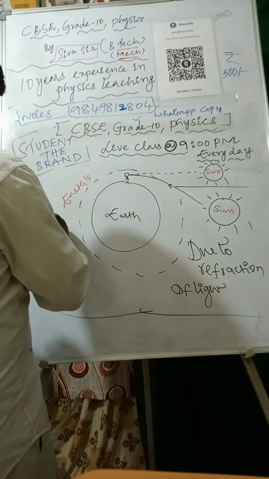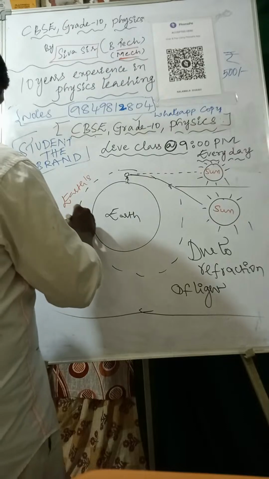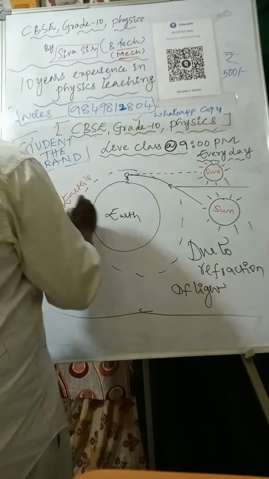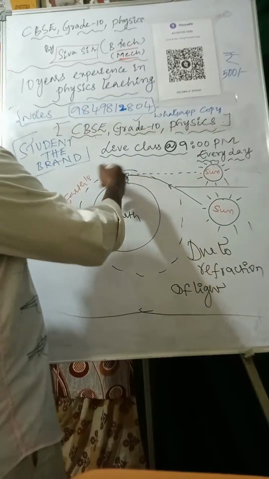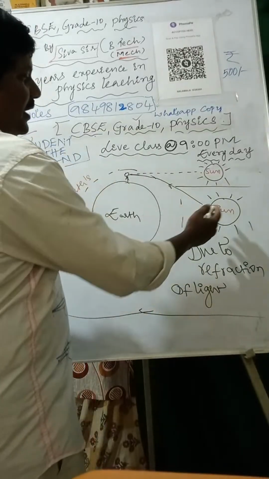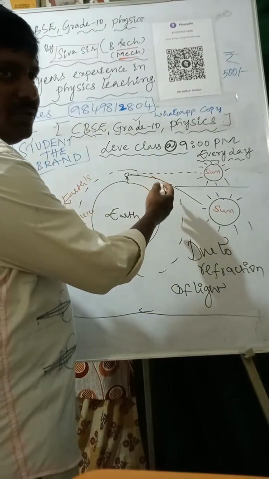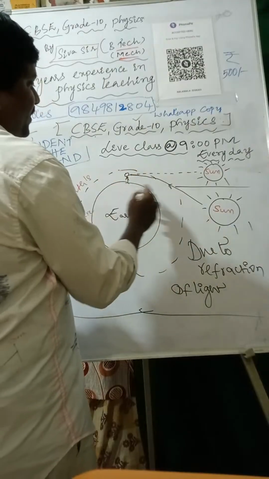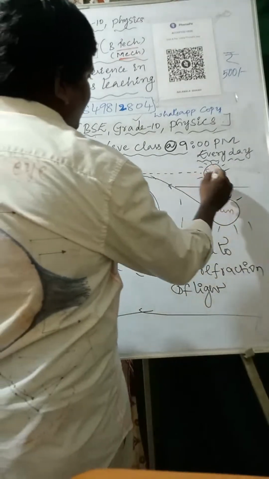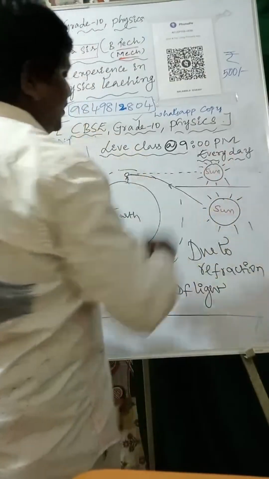So this entire portion is the earth atmosphere. Whenever the light ray comes from the sun, because of the atmosphere, it will bend. So again we are taking here, the position of the sun will be here.